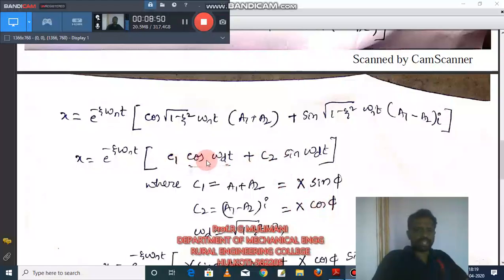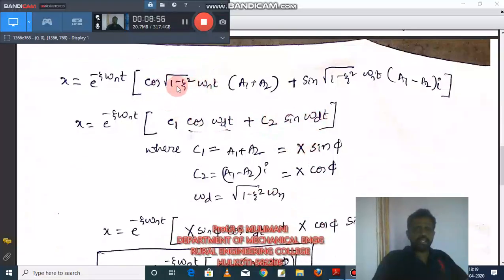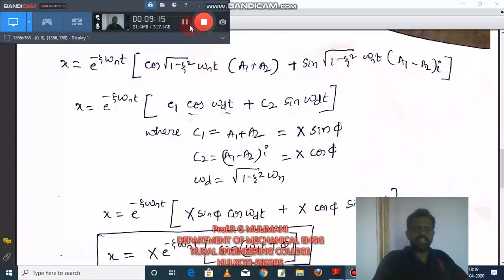This gives x sin phi cos omega d t plus x cos phi sin omega d t. This frequency, for the damped system, we consider as omega d. Omega d is equal to square root of 1 minus zeta square omega n, so omega d is a function of zeta and omega n.